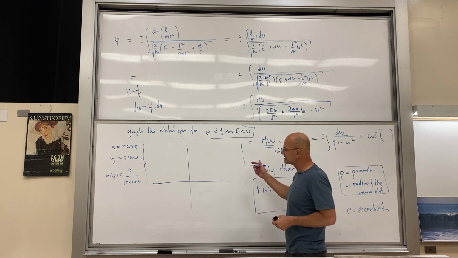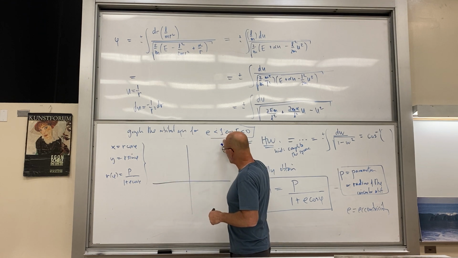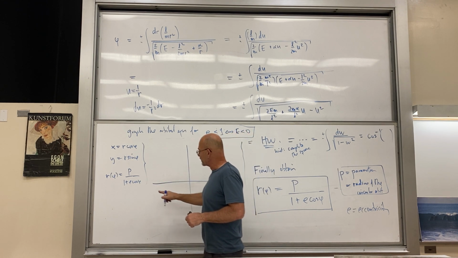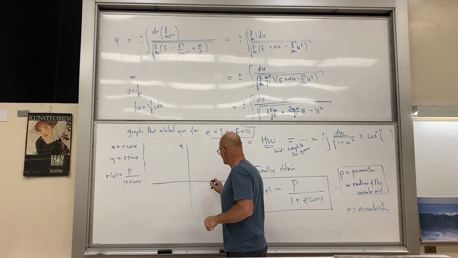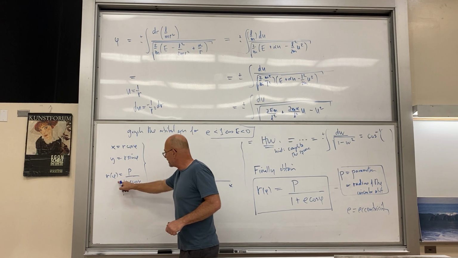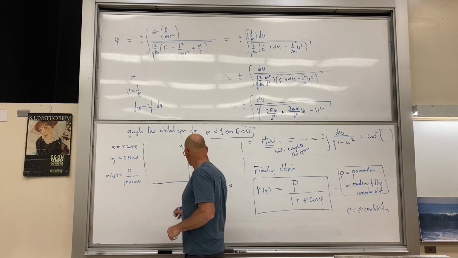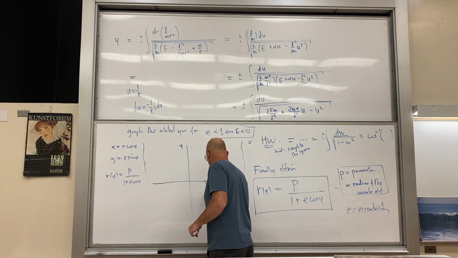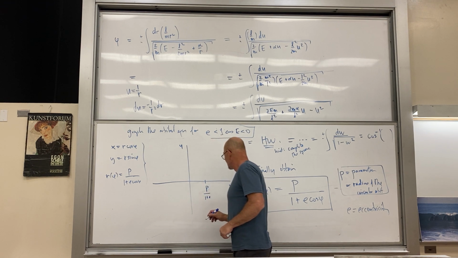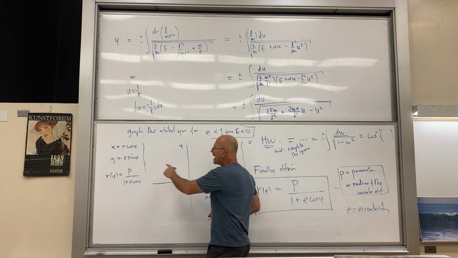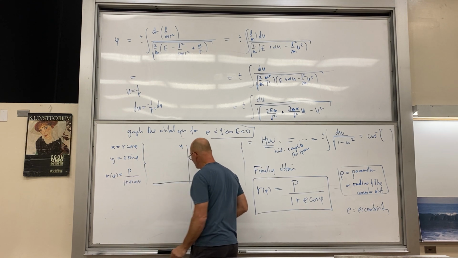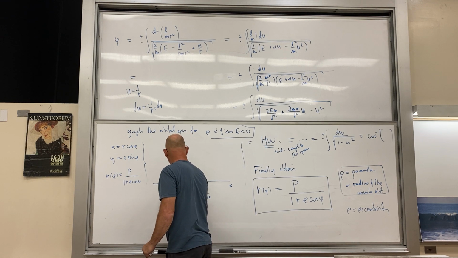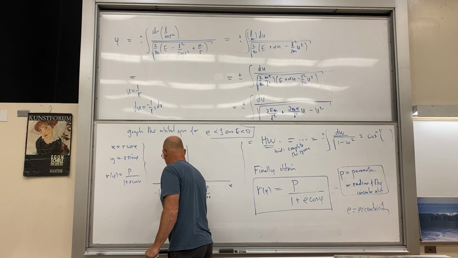Okay, so p is a constant, e is a constant that's less than 1. So when phi is equal to 0, here's our x and y axis. When phi is equal to 0, we have r is simply equal to p over 1 plus e. And when phi is equal to pi, p over 1 plus e cos pi, so p over 1 minus e. So over here we have minus p over 1 minus e.